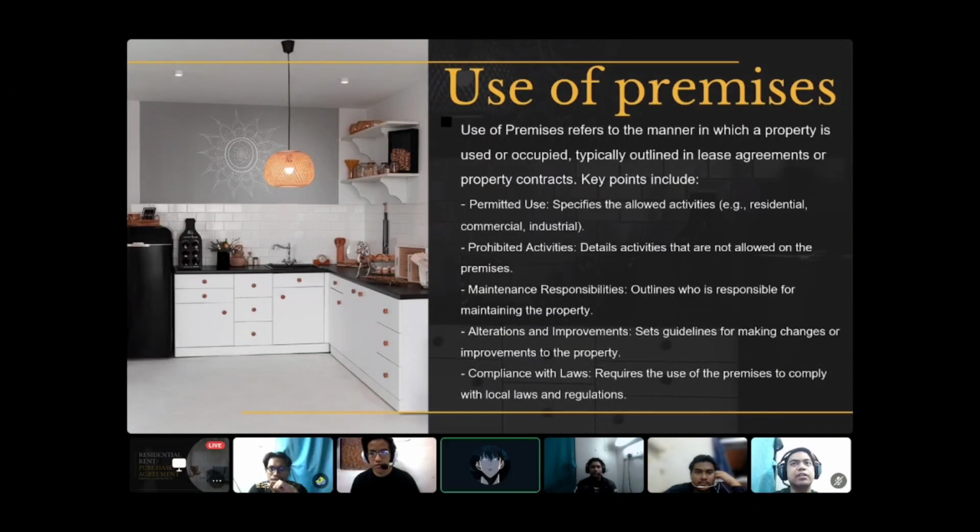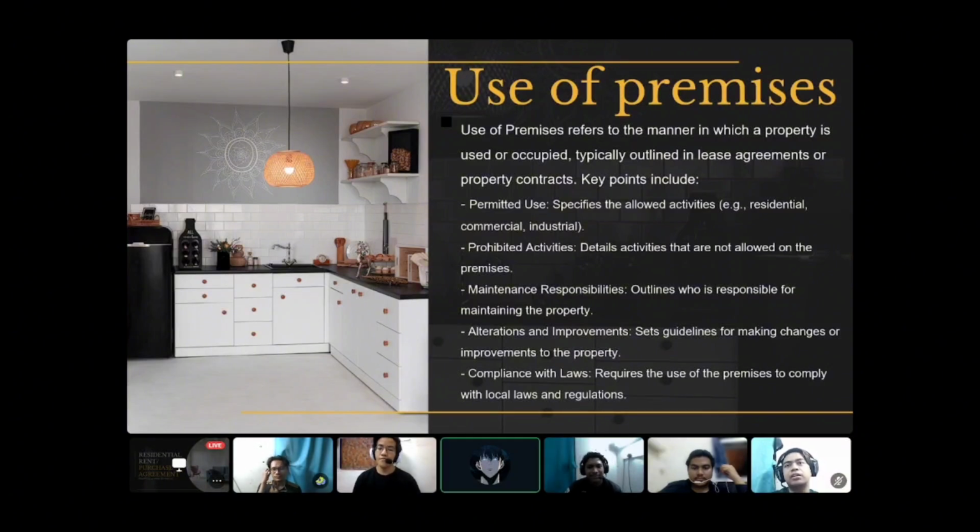After that, we have use of premises. Use of premises refers to the manner in which a property is used or occupied, typically outlined in a lease agreement or property contract. Key points included are, firstly, permitted use, which specifies the allowed activity such as residential, commercial, and industrial. Second is prohibited activities, which details activities that are not allowed on the premises.